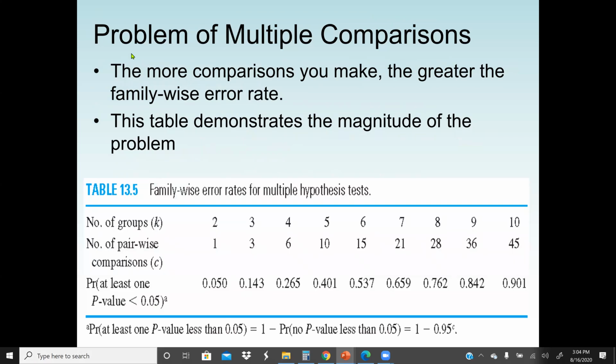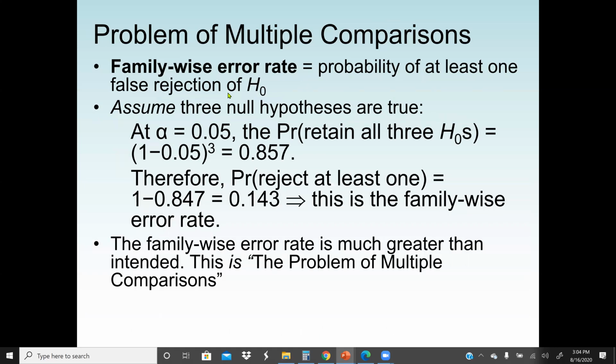So now, the problem with multiple comparisons, as we said: the more comparisons you make, the greater the family-wise error rate. Because when we make more comparisons, what happens? The value here will be decreasing. Let's say 1 minus 0.05 to the power 3, you get 0.95 to the power 3, which gives 0.857. Now, if we are doing 10 comparisons, then it will be 0.95 to the power 10, which will be lesser.